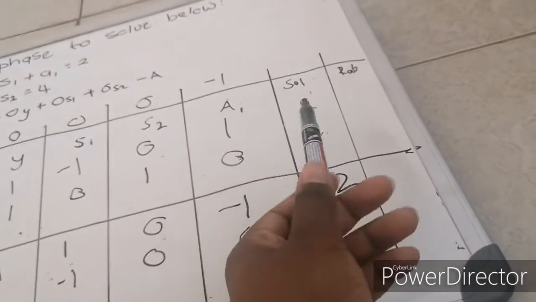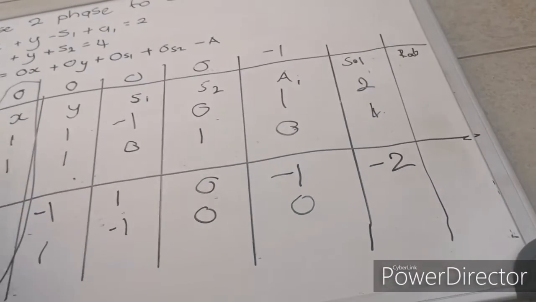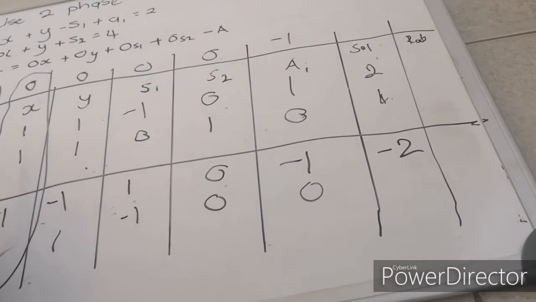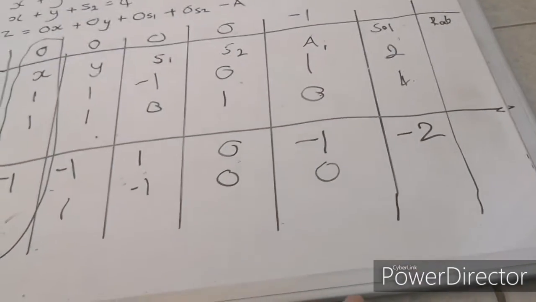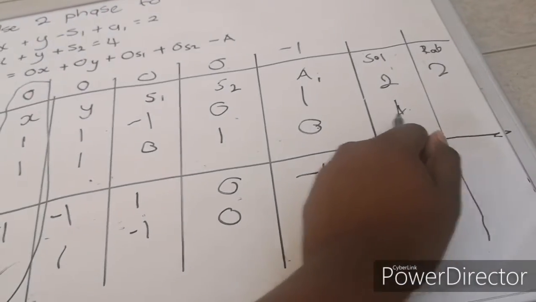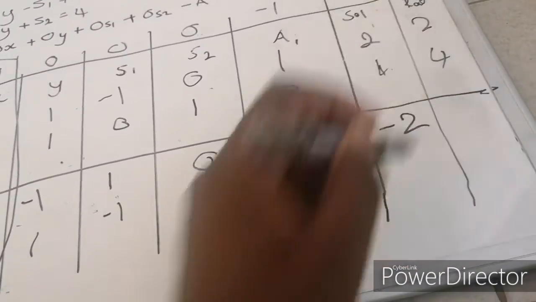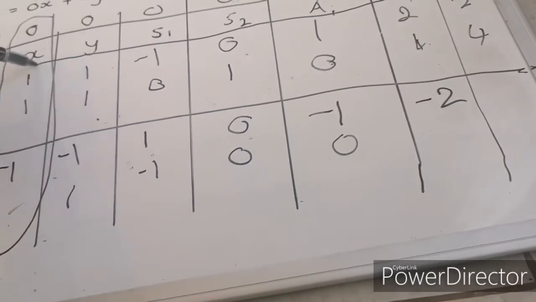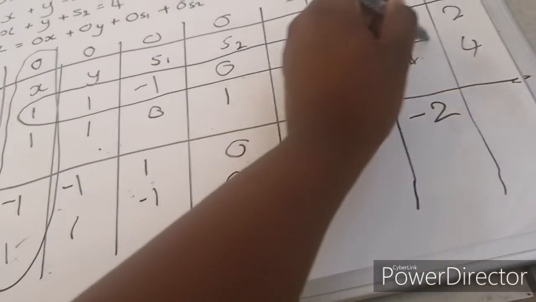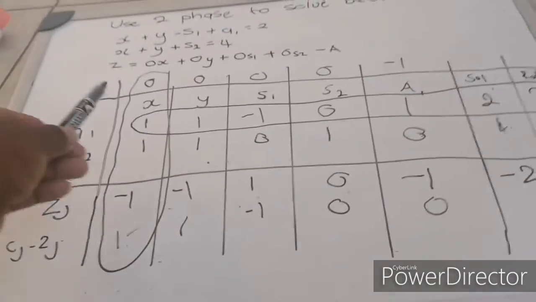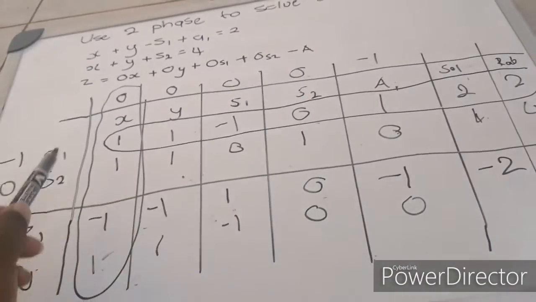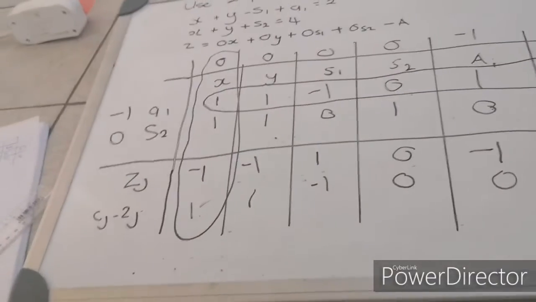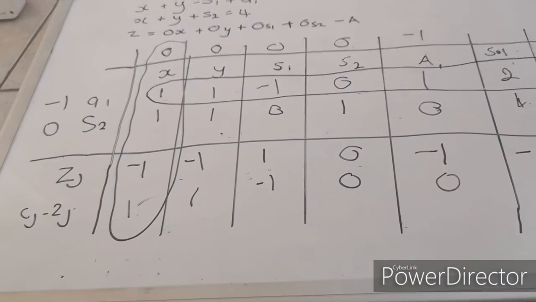The solution in this case is 2, and the column would have a value of 1. If you divide 2 by 1, you still get 2, that's your ratio, and if you divide 4 by 1, you get 4. So now we look at the lowest positive value, which is 2, and we would highlight it like so. That is our pivot row, and this would be our pivot value, 1. Okay, let's go on to the next.